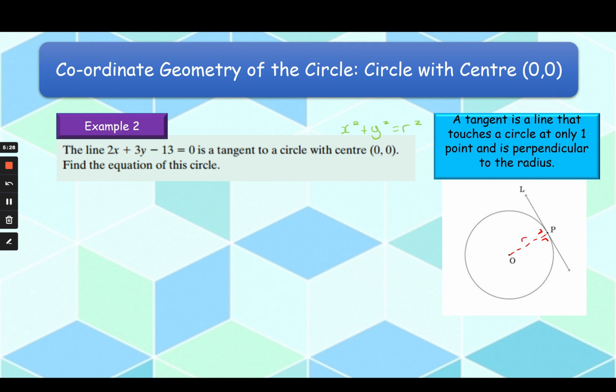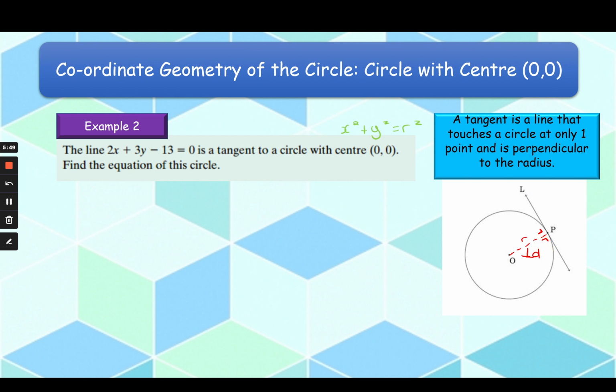What I'm missing here is the radius r. Or we can use another formula that we looked at in coordinate geometry, which is to find this distance r. And to find this distance r, the key thing is it's perpendicular.